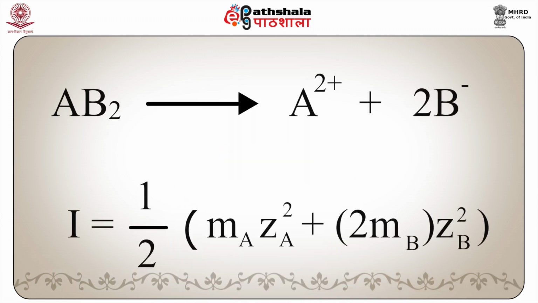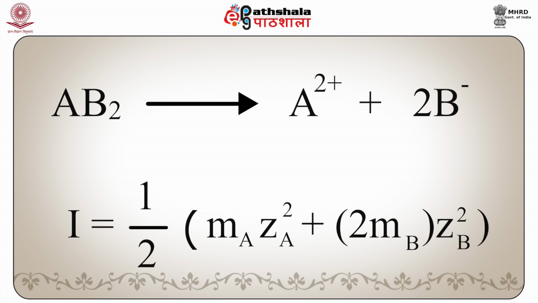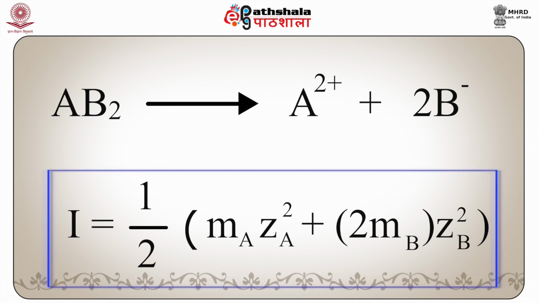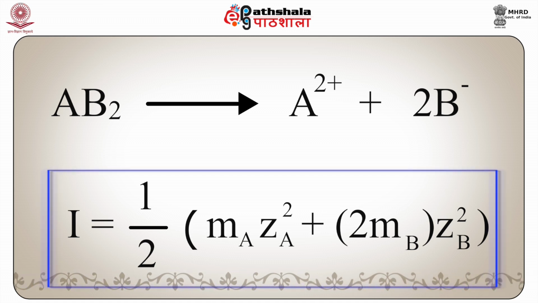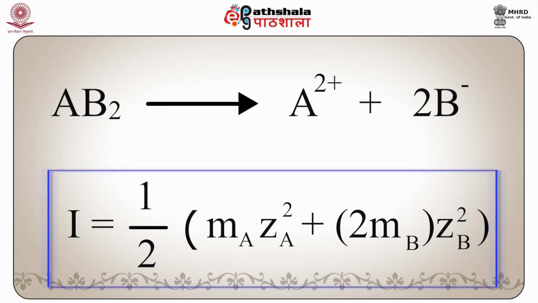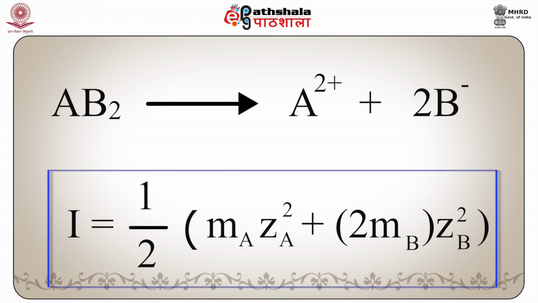While for uni-bivalent electrolytes of the type AB2, which dissociates into A2 plus plus 2B minus, ionic strength I can be given as I equals half Ma Za square plus twice Mb into Zb square.